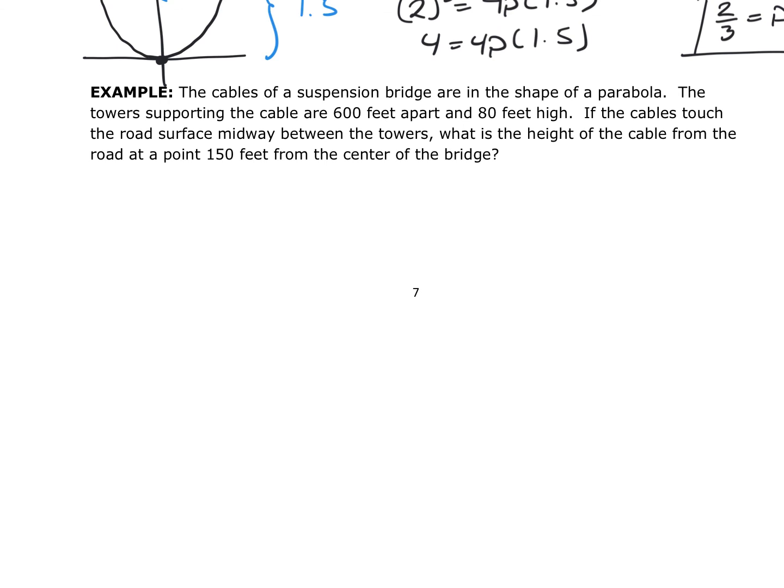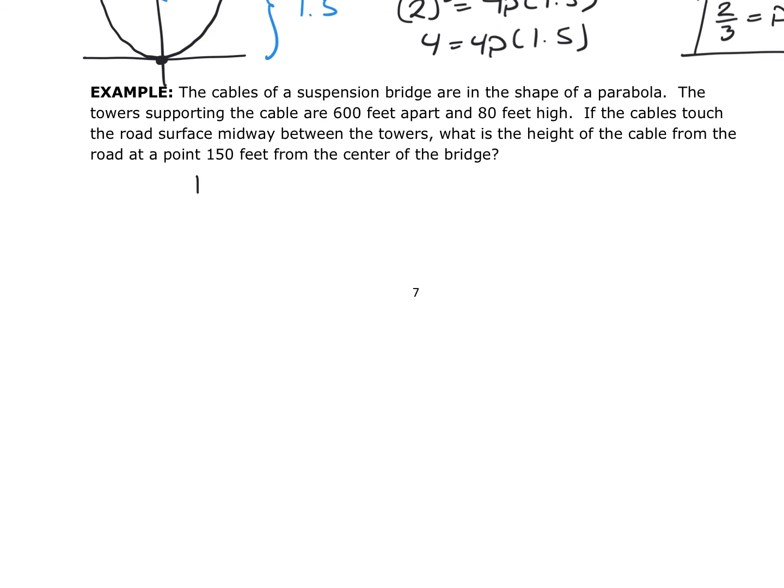I have a cable of a suspension bridge in the shape of a parabola. The towers supporting the cable are 600 feet apart and the height is 80 feet. If the cable touches the road surface midway between the towers, what is the height of the cable from the road at a point 150 feet from the center of the bridge?